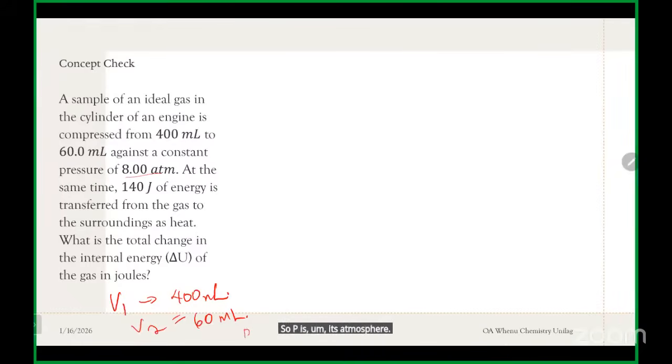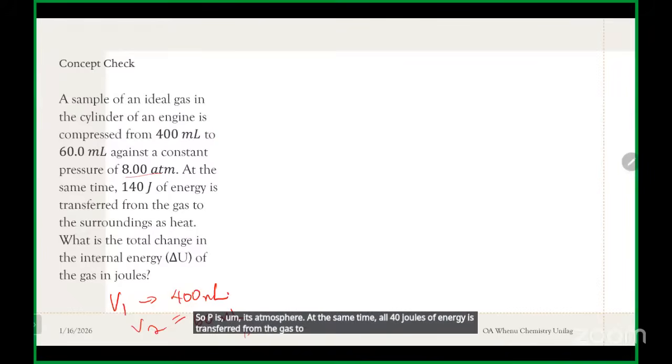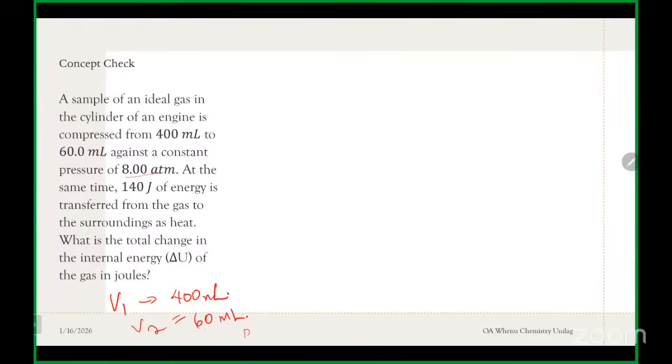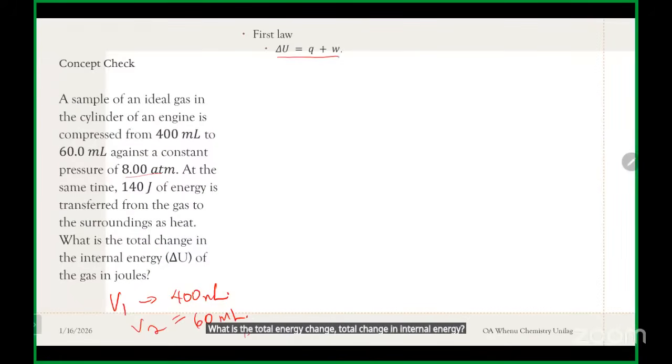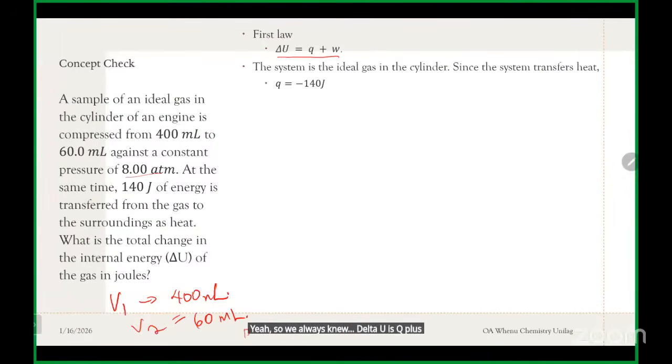At the same time, 140 joules of energy is transferred from the gas to the surroundings as heat. What is the total change in internal energy? We always know delta U is Q plus W.